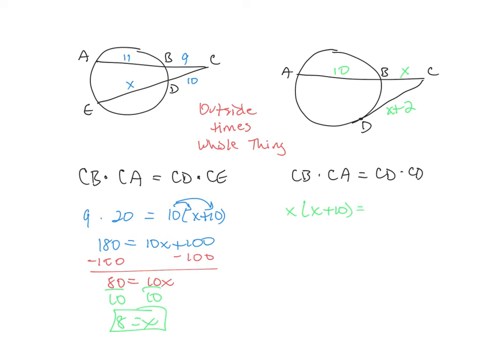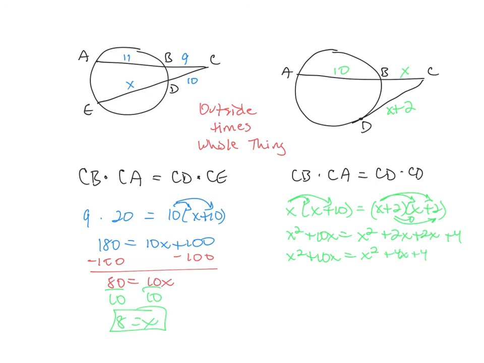And then on the bottom part, or the tangent part, we have x plus 2 times x plus 2. So x times x is x squared plus 10x, x squared plus 2x plus 2x plus 4. So I can combine the 2 and the 2 and put 4.